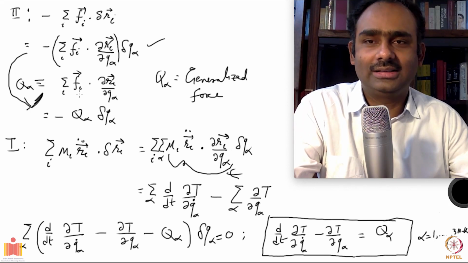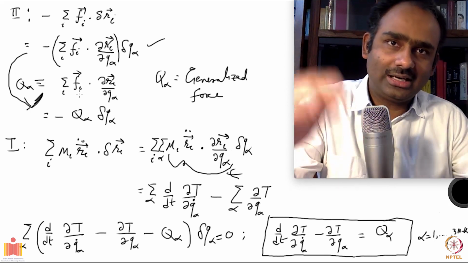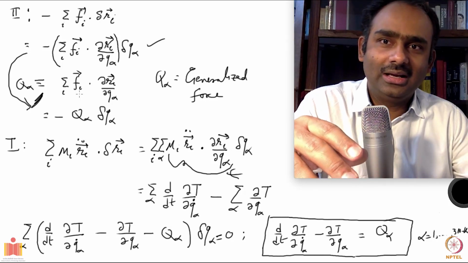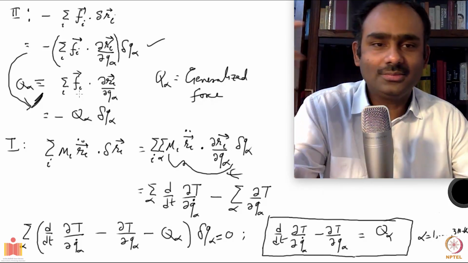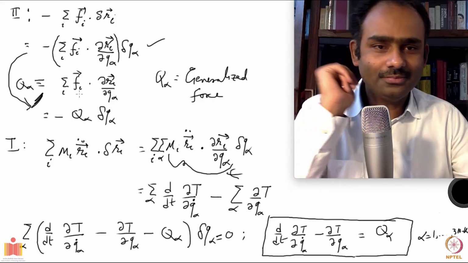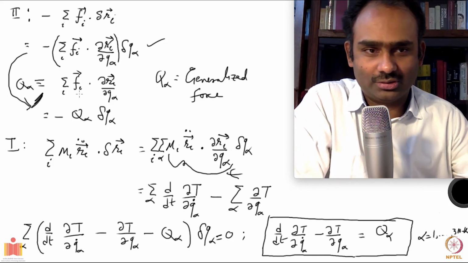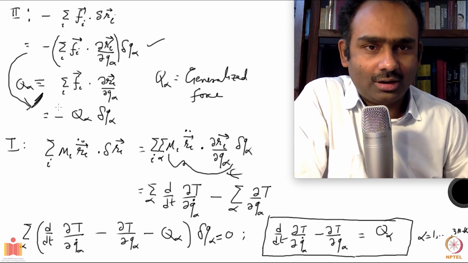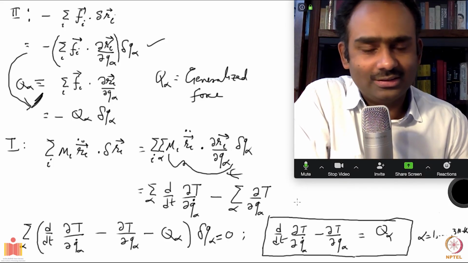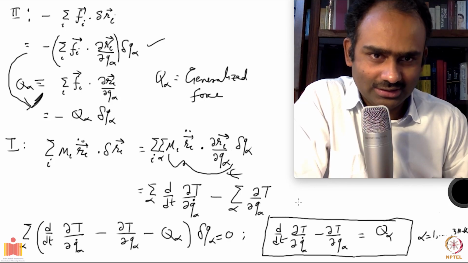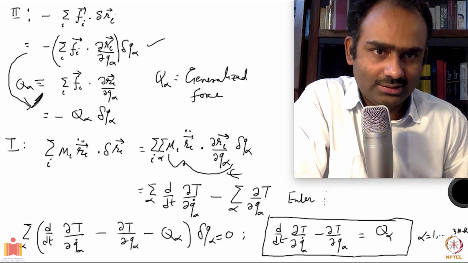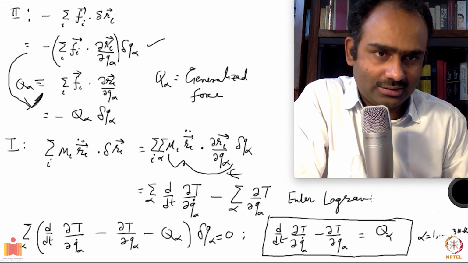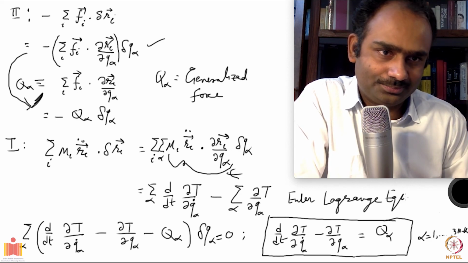So what I will say is, let's say the forces can be described by scalar potentials, and then I will rewrite this equation in a slightly different form, which is generally more used. But nevertheless, this is the equation, and several such sets I will call Euler-Lagrange equations. So this is the Euler-Lagrange equation.